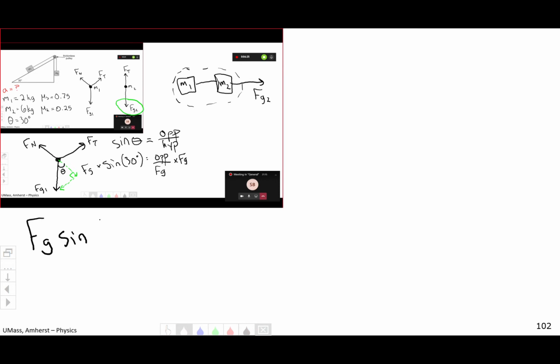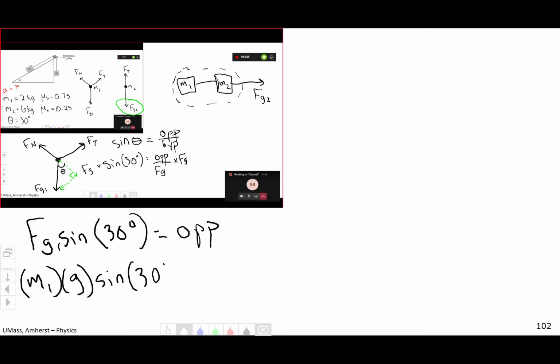FG sine of 30 degrees equals the opposite side. FG, and it's FG1 in this case, so we have M1 times G times sine of 30 degrees. M1 is 2 kilograms times 9.8 times sine of 30 degrees equals a number.